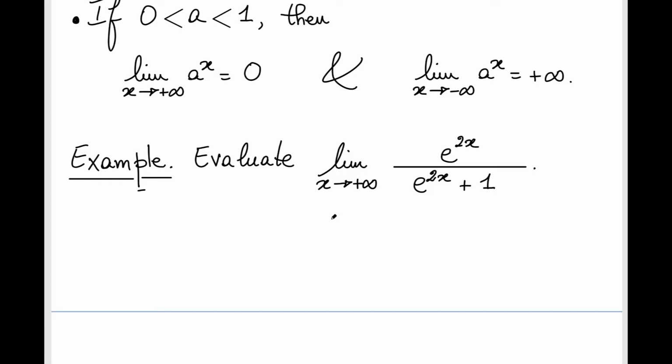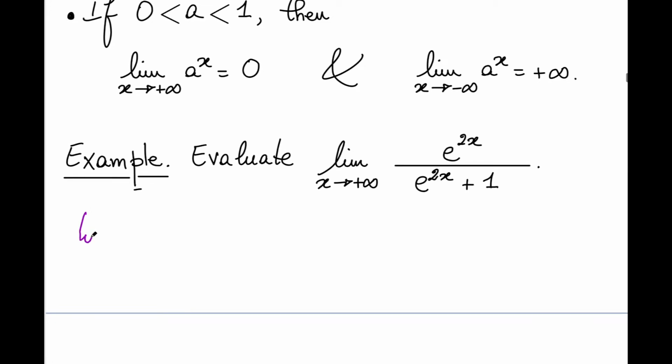Please think about it on your own and then let the video run. So let's not call it anything. So the limit as x goes to plus infinity of e to the 2x over e to the 2x plus 1.